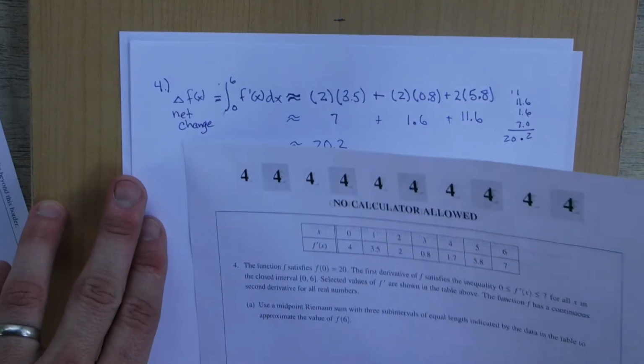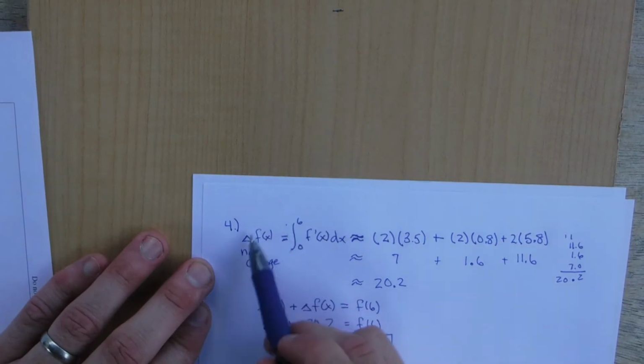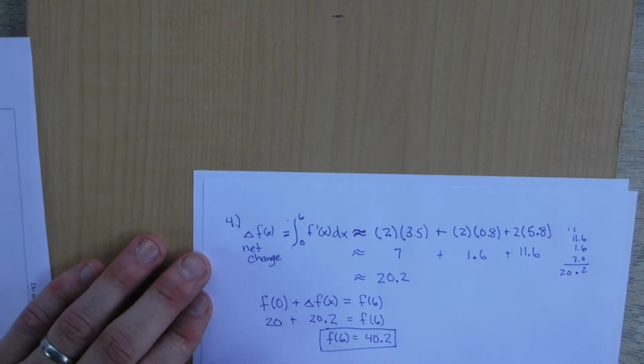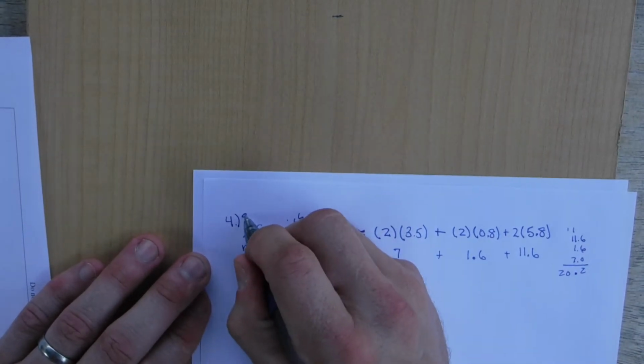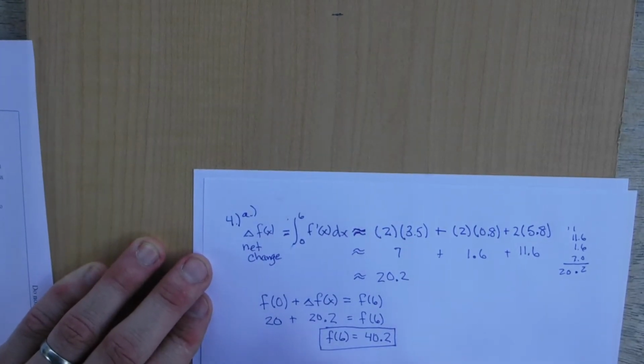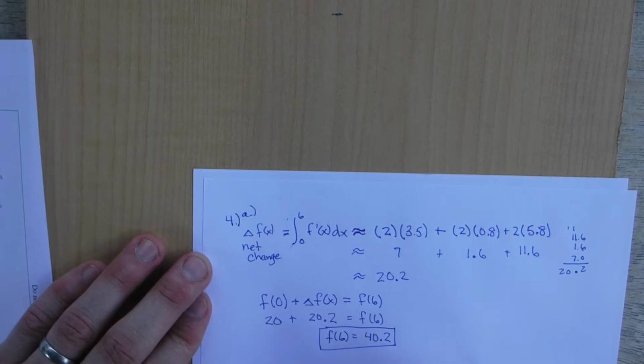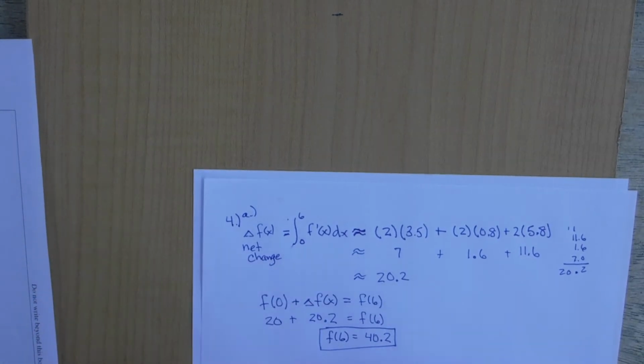So what does that mean? Well, think of how I set up this integral right here, the net change. So in [a, b], I know that the net change in f of x, how does f actually change from 0 to 6, is the integral of f prime. Okay, well, I'll just give it its biggest possible value.